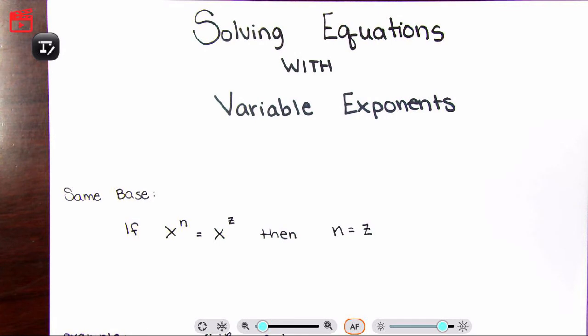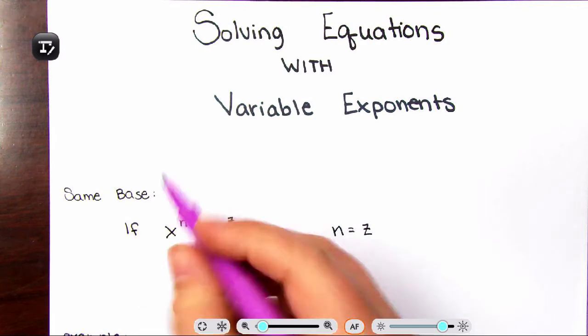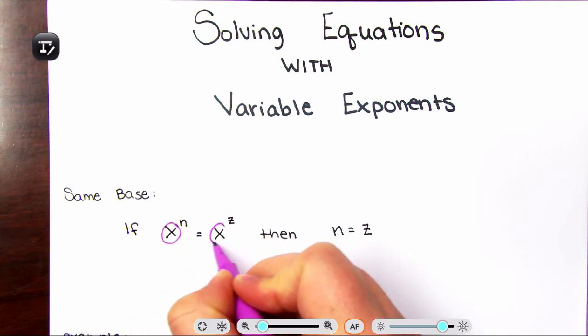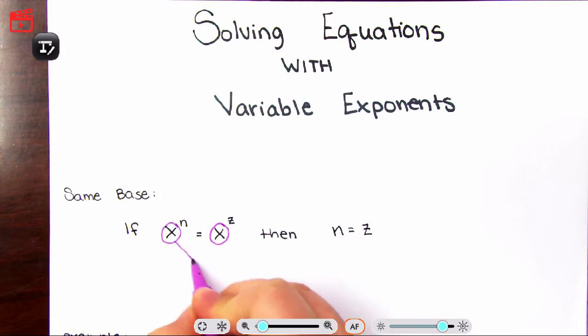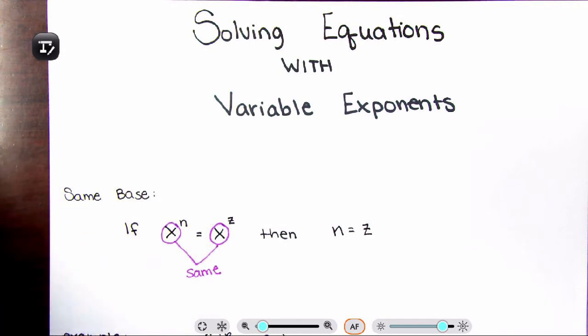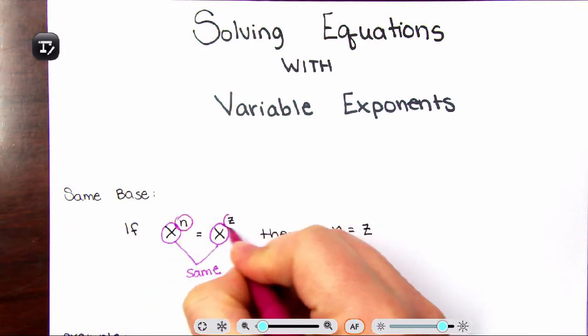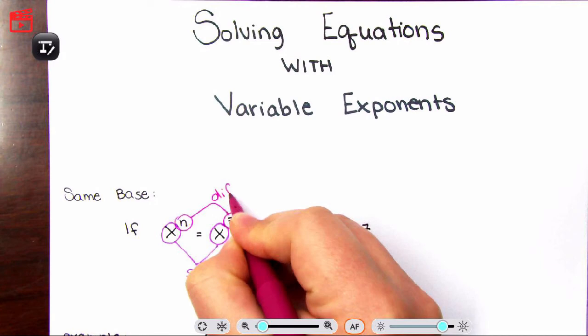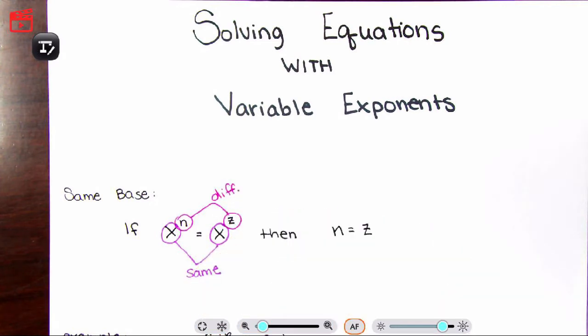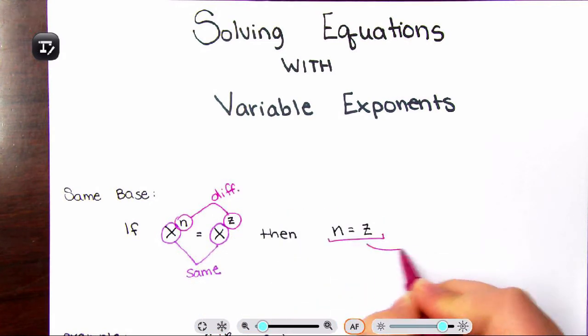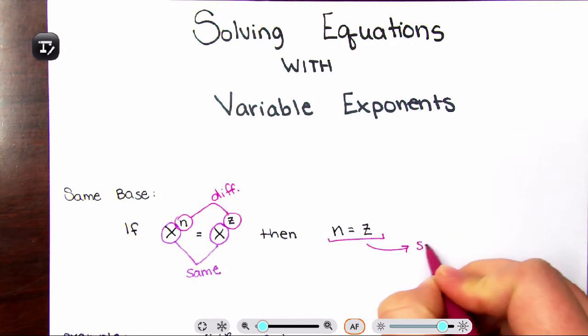The very first thing I want to start off with is a property. It's the same base property. You may hear it called the base property. Sometimes I will call it a one-to-one rule. That means if you have two things and the bases are the same, however, the exponents are different, what you can do is set the exponents equal to each other.